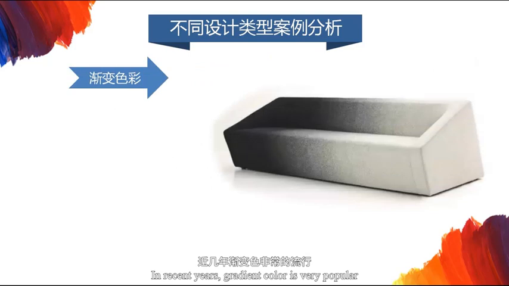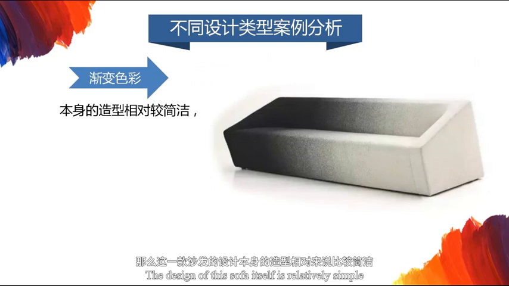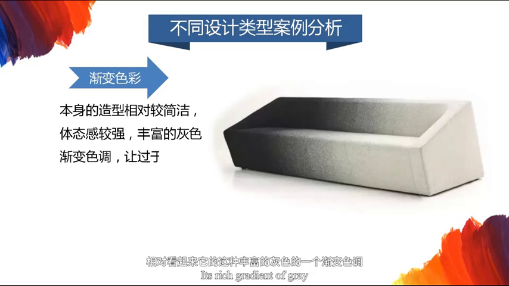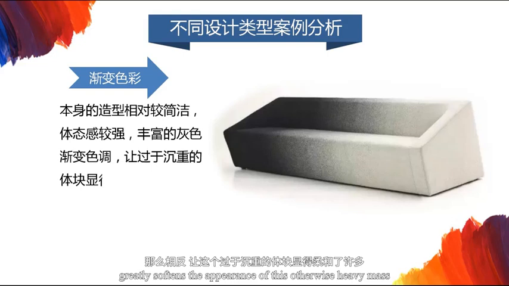In recent years, gradient color is very popular. The design of this sofa itself is relatively simple with a clear shape. Its rich gradient of gray greatly softens the appearance of this otherwise heavy mass.